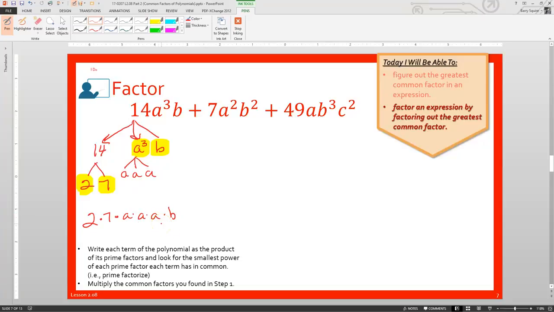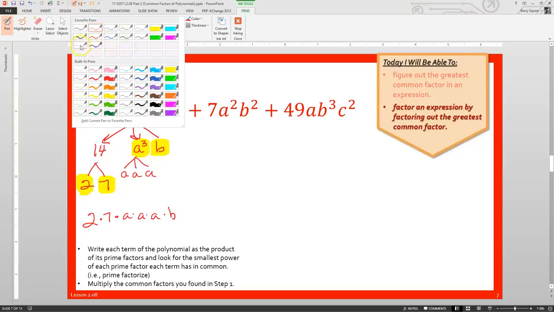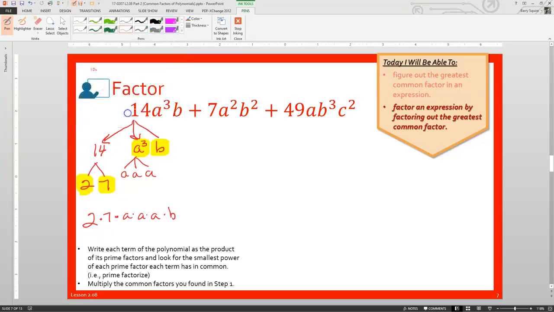Especially when we have other things to compare it to. So let's take a look at this next term in the polynomial. Let's factor this out to be 7 times a squared times b squared.